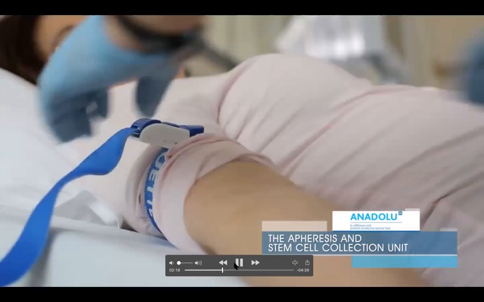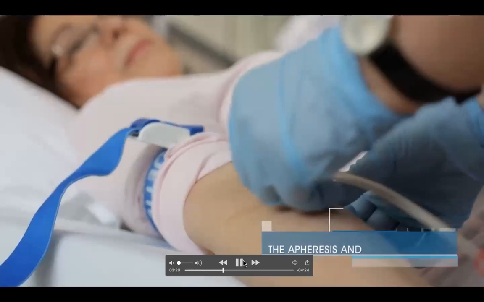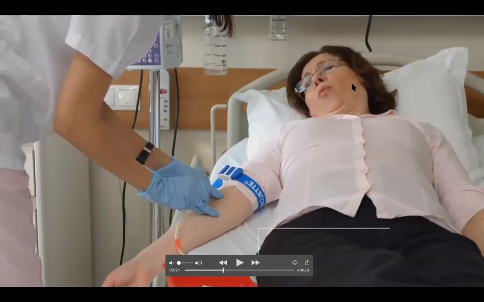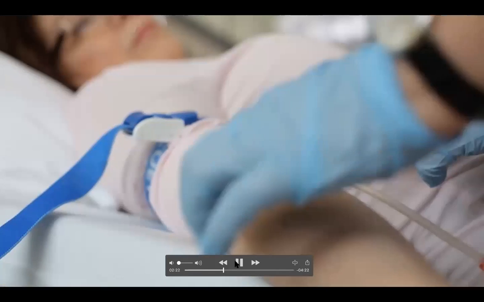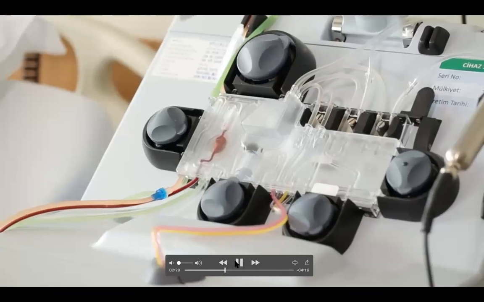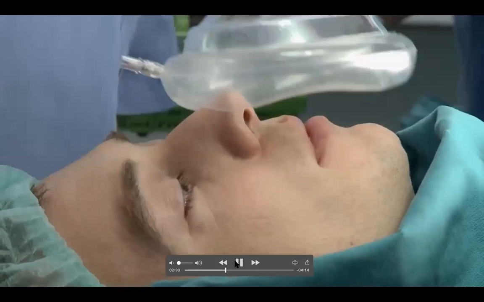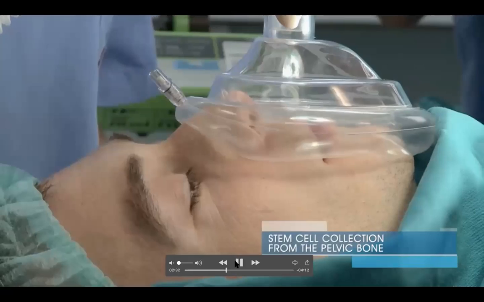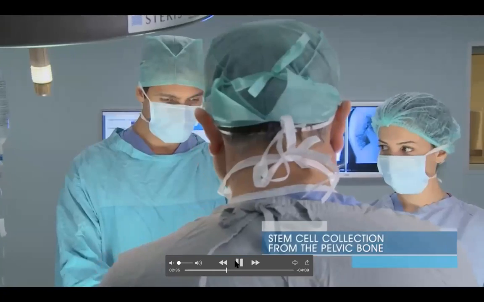After that, they have to take, I think if you look, probably she's a mother or relative of this patient, and you can see they are taking blood from the donor. So this person is willing to provide blood to the patient, and they're taking the blood from the donor.